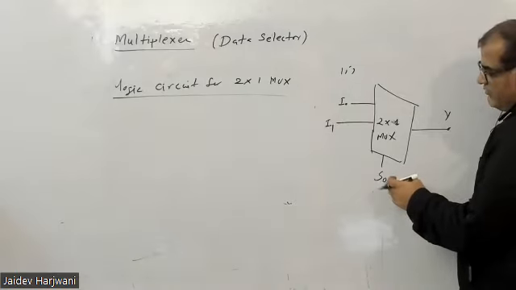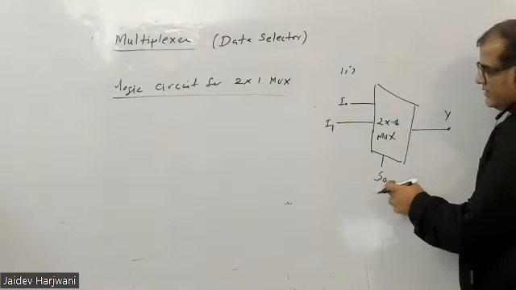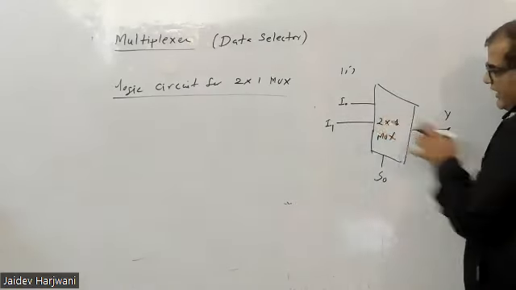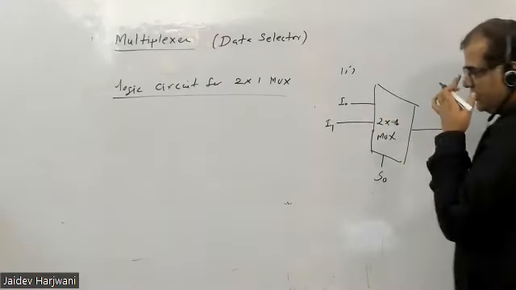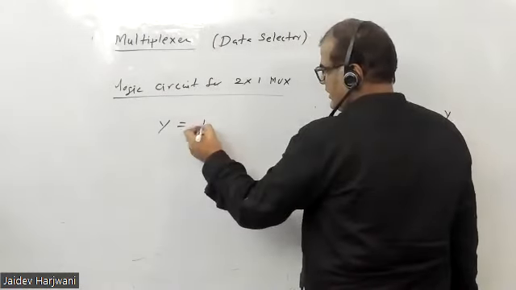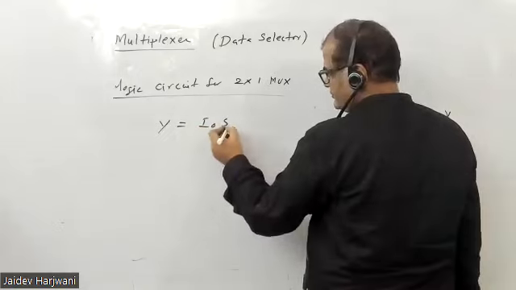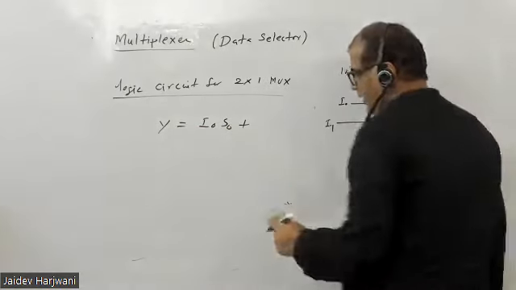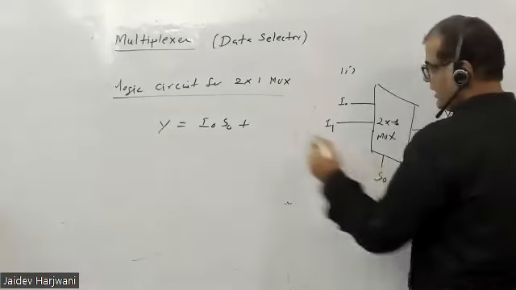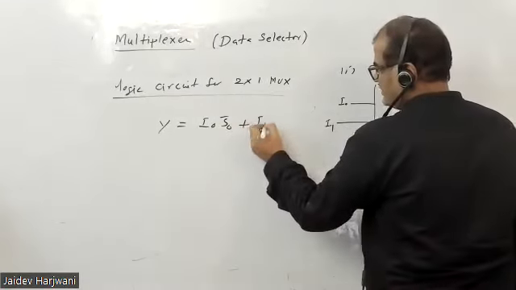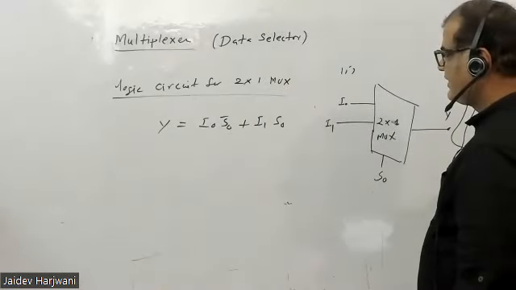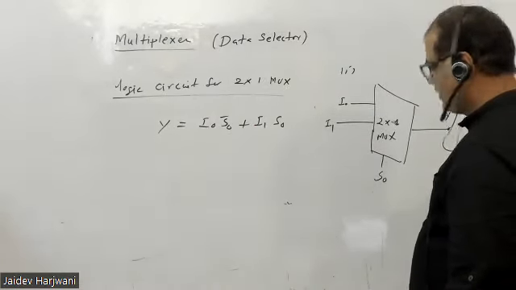So depending on the value of this select line, it will decide which input will come to the output, this one or this one. The output is defined as I0 S0 bar plus I1 S0. If you write S only, then you can mention it by S. So this will be your output.